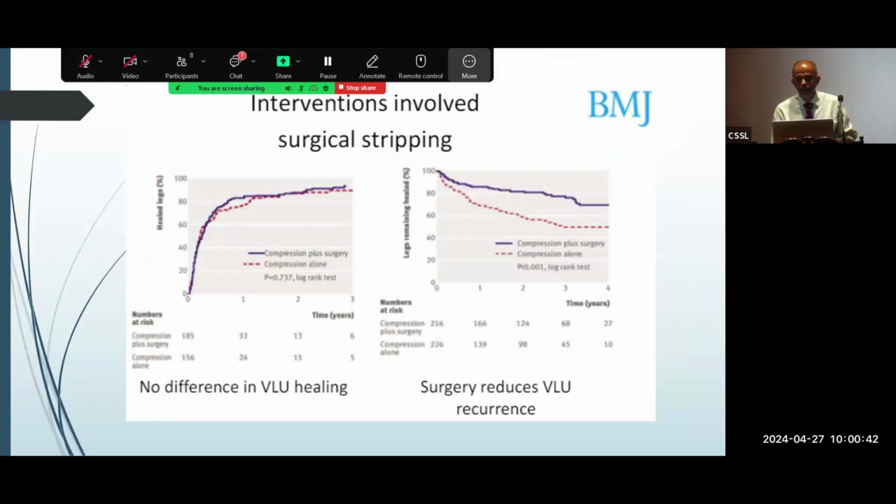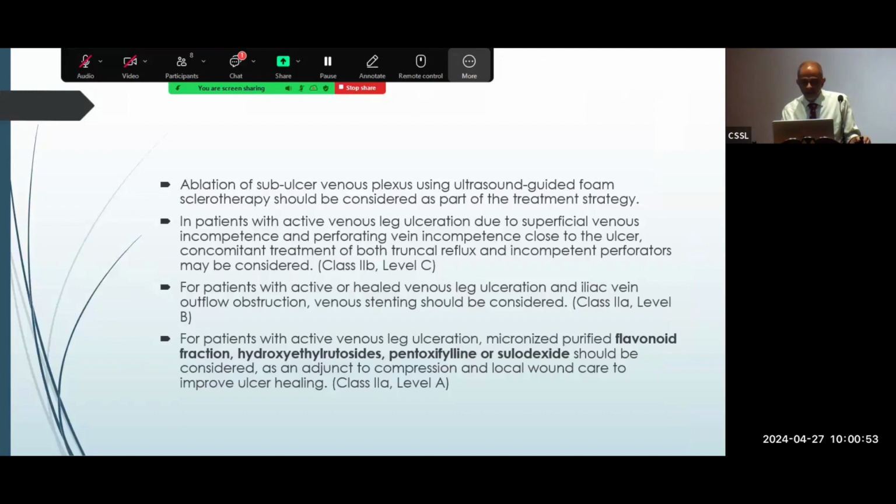So what are the venous interventions we are talking about? Here on the right side, you see the healing rates with compression and without compression. Then what are the venous interventions you can do with ulcers? Under the ulcer, there is a sub-ulcer venous plexus in some patients.